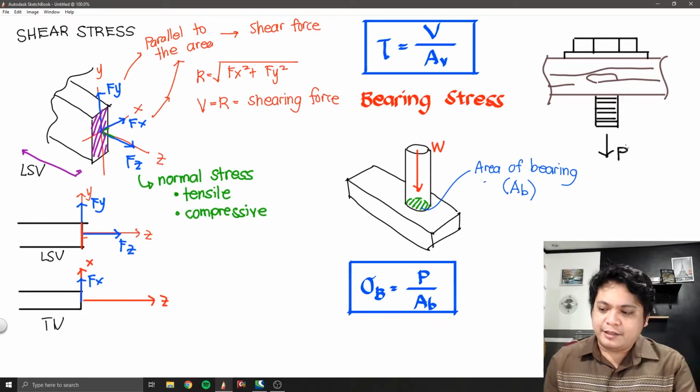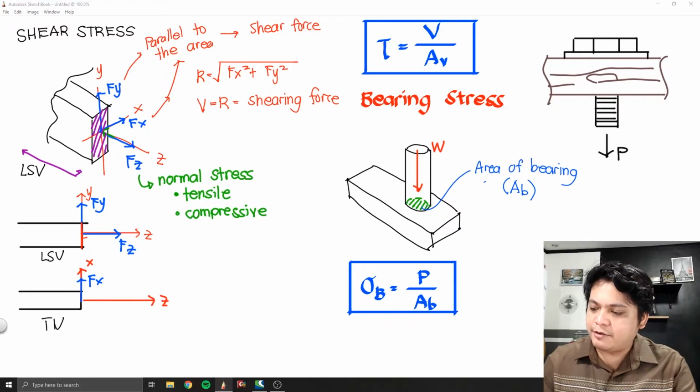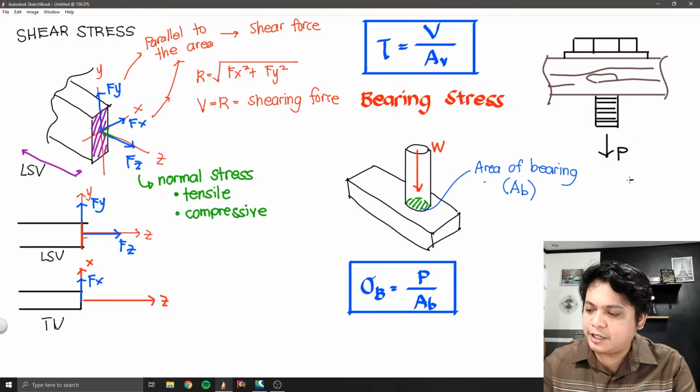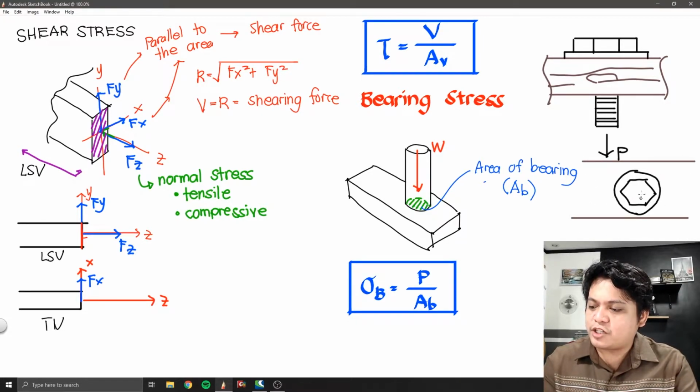Yung top view niyan, if you are going to look for the top view, parang meron kang, eto, yung hexagonal nut mo. And then, meron ka ditong plate washer. Tapos ito yung tabla. Itong plate washer mo na to, di ba butas yan?